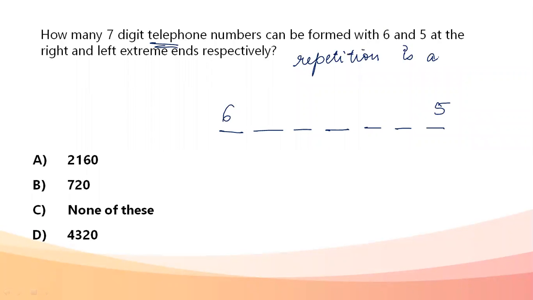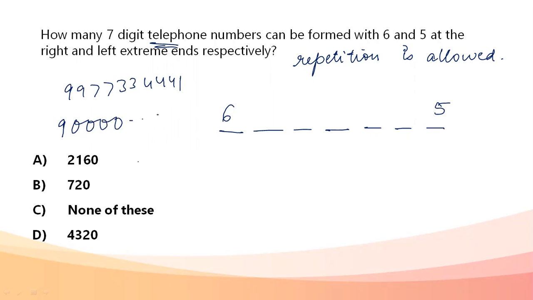Repetition is always allowed when I talk about a phone number, because numbers like 9977334441, or 9 followed by zeros, or 92345 are all possible. So whenever we talk about a phone number, repetition is always allowed.